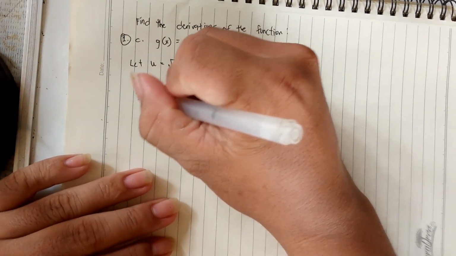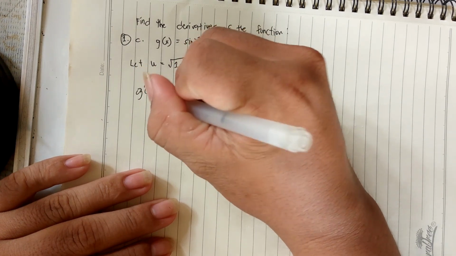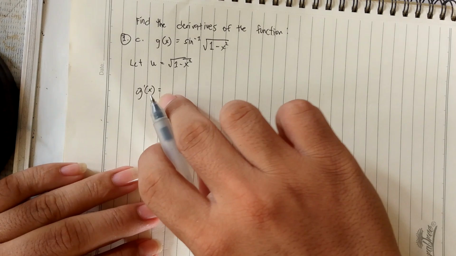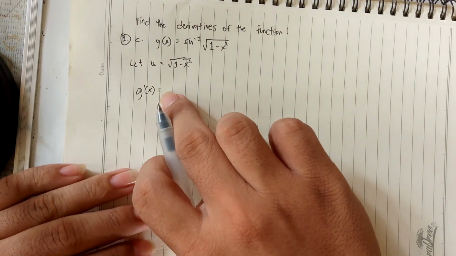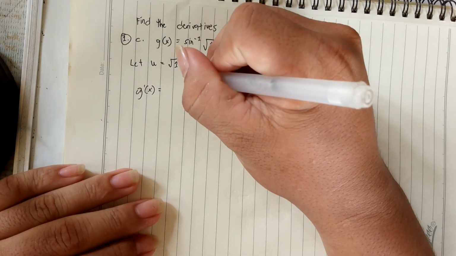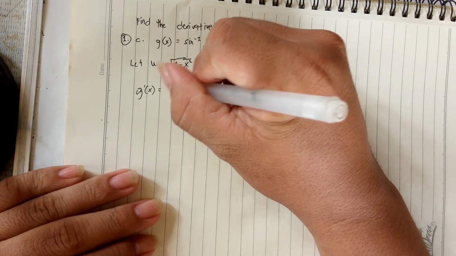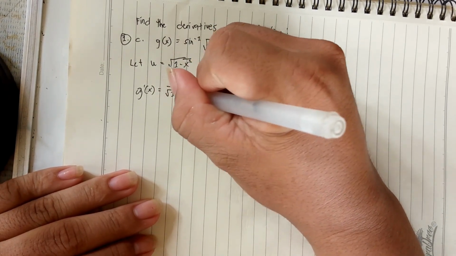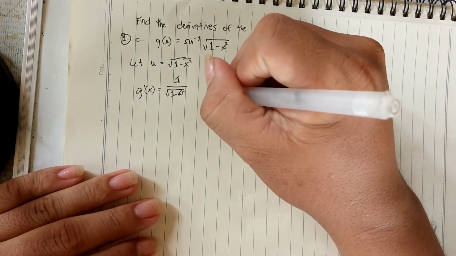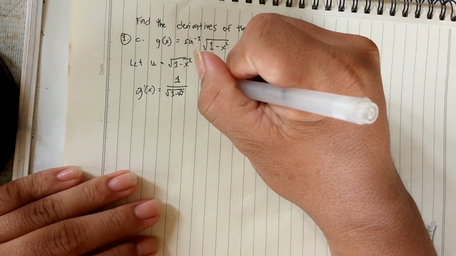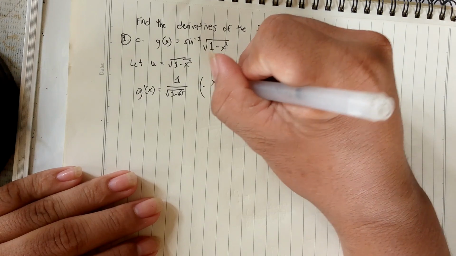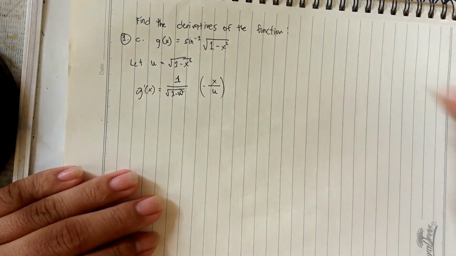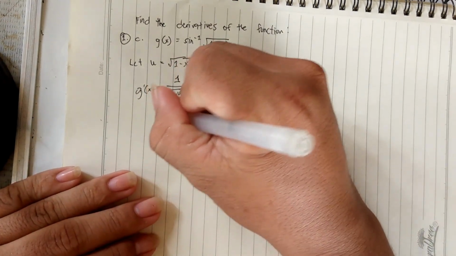So we have g prime of x is equal to 1 over square root of 1 minus u squared with respect to the x, negative x over u. So next is substitute.